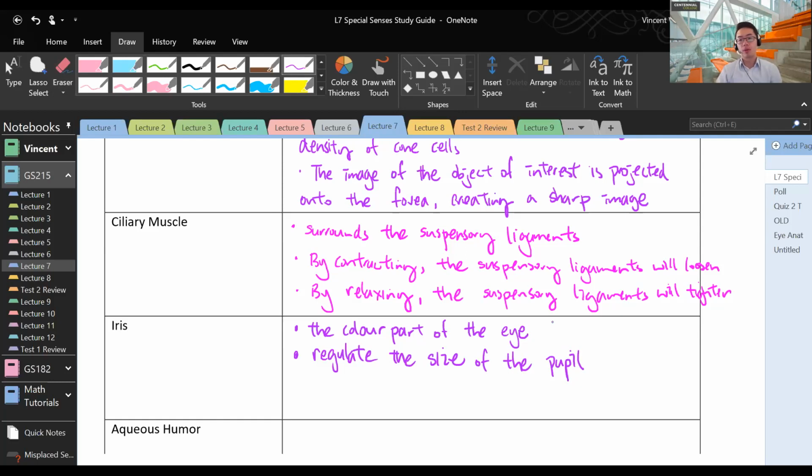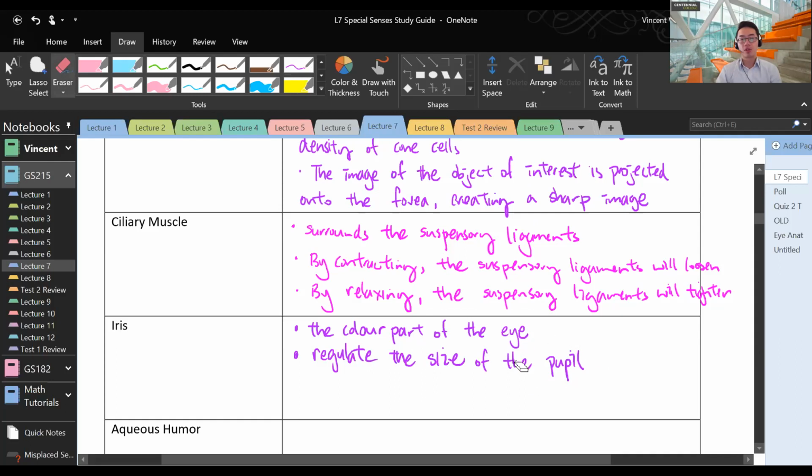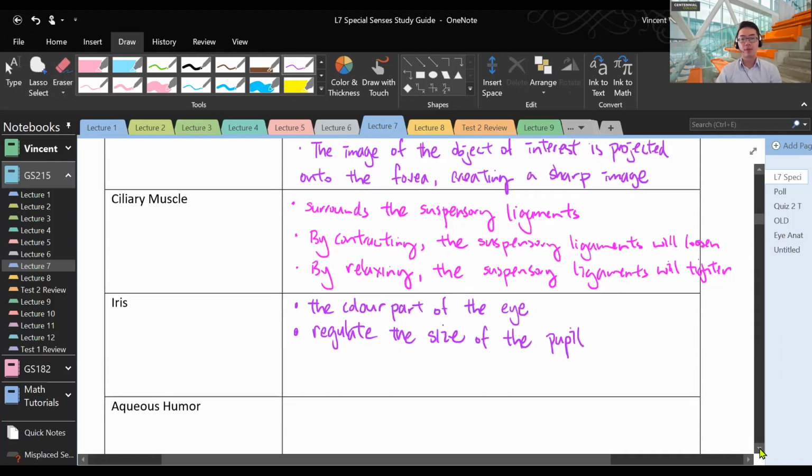You don't want too much light coming in when it's really bright, right? If too much light comes in, then things would appear to be blurry, and it's going to hurt your eye as well. Think about taking a picture with too much light exposure. You can't see anything in the picture, right?